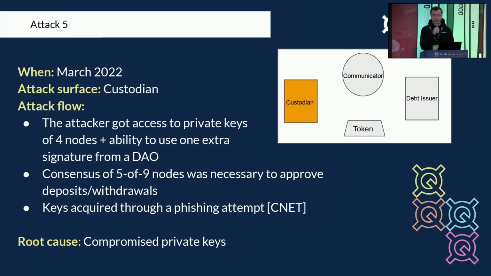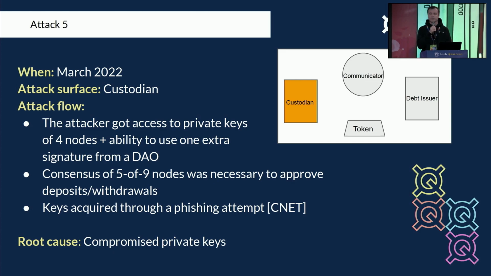In March, there was a different attack. This time, surprisingly, it did not involve a smart contract issue. This time it was private keys being compromised that was the root cause.